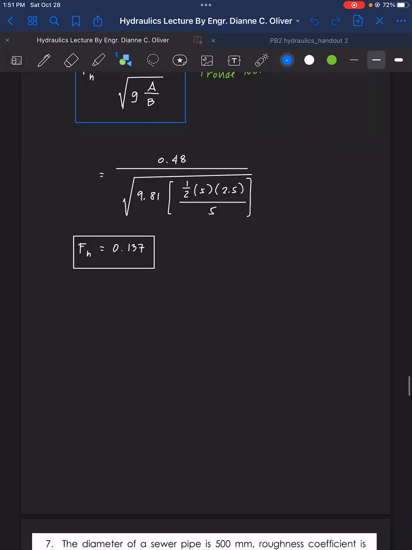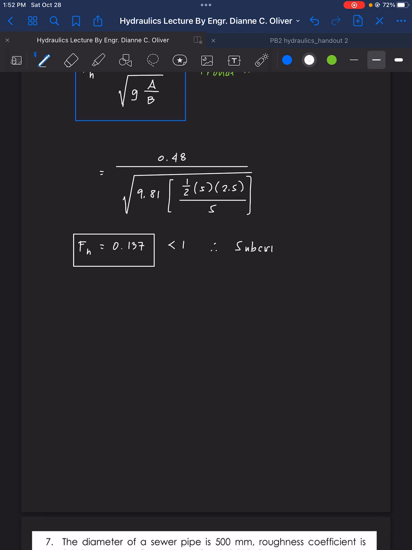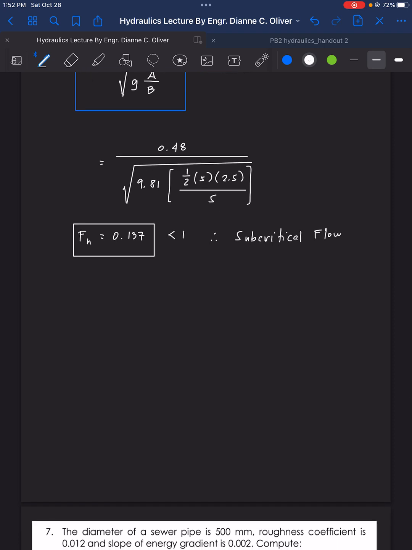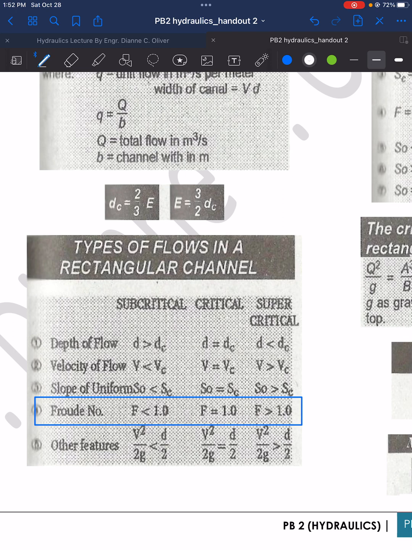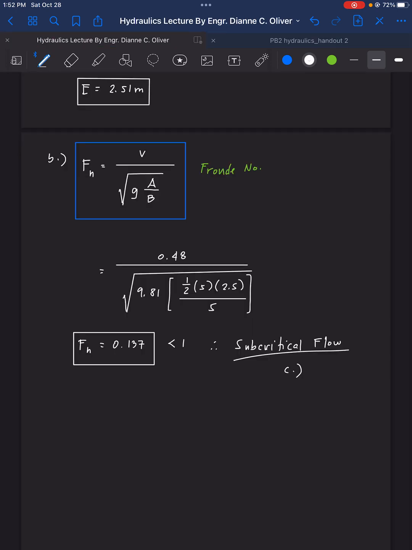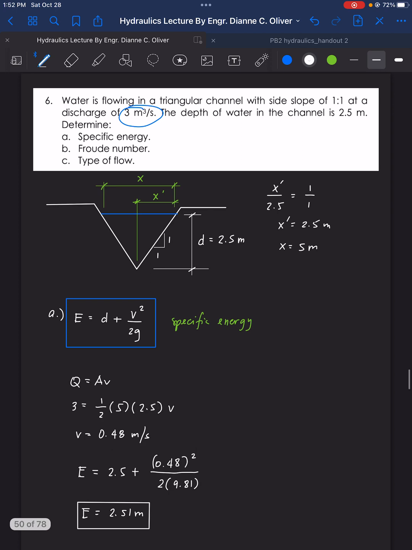So here, our value is less than 1, therefore the flow is subcritical. Now that's for letter C, subcritical flow, since it is lesser than 1. So that is example number 6.